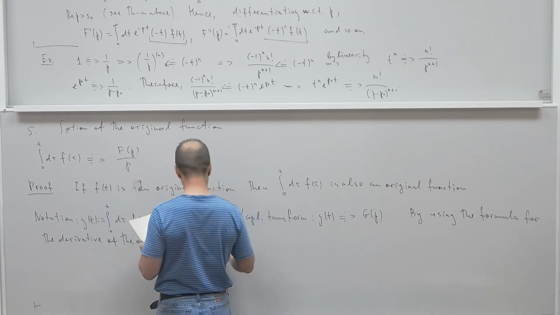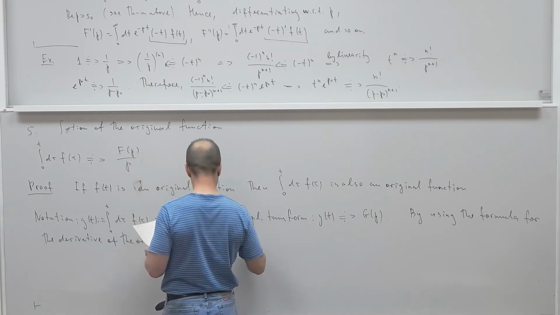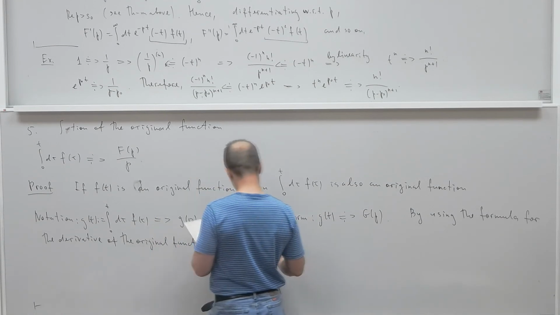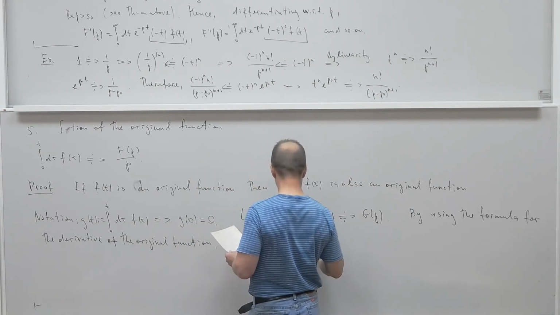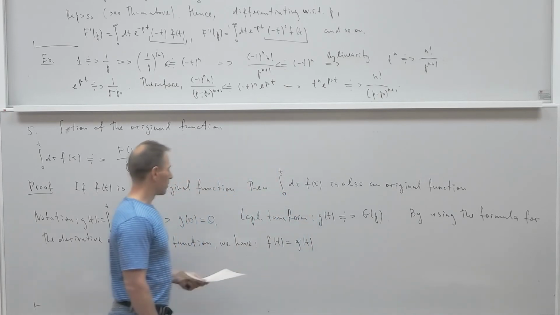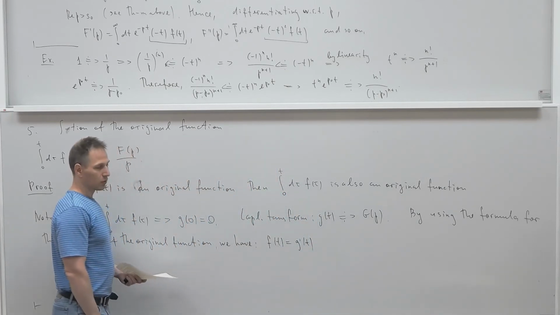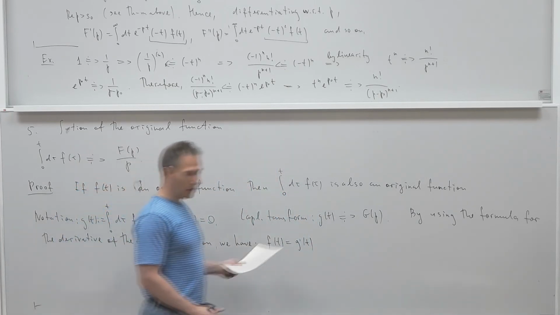we obviously have that f small is equal to g small prime.